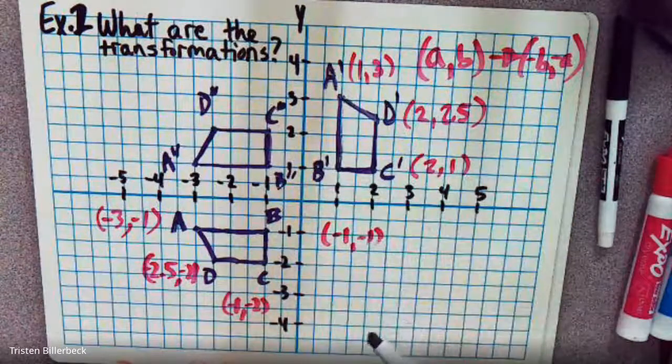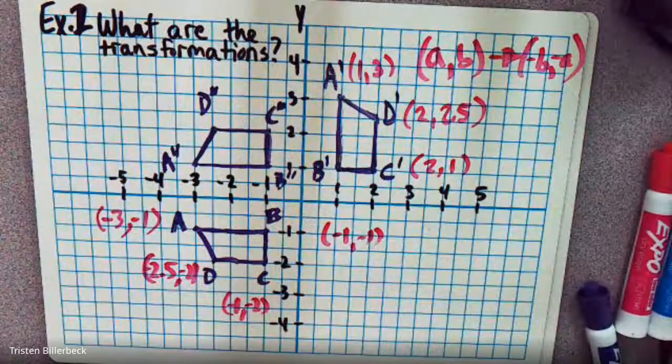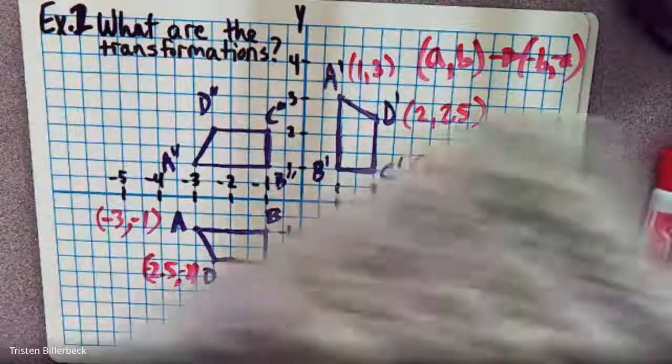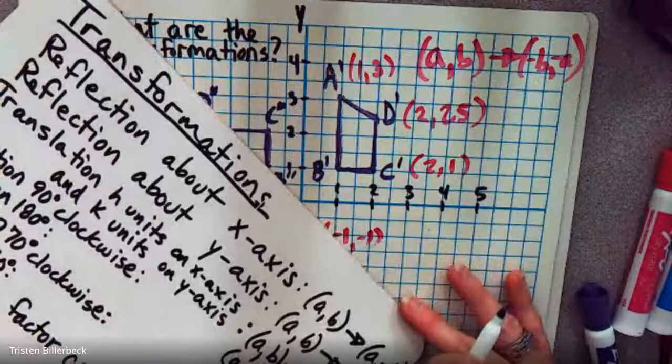Okay, let's look at this axis. So let's pretend that we had talked about this, but we didn't. But that's okay. Let's put an axis of symmetry like this.